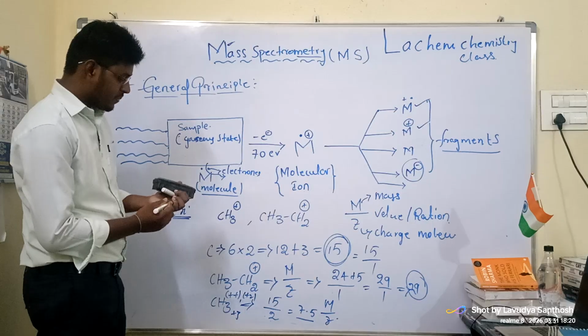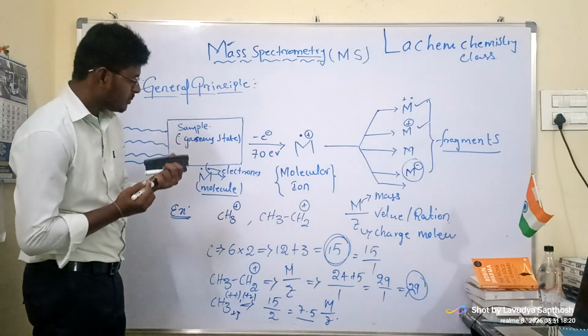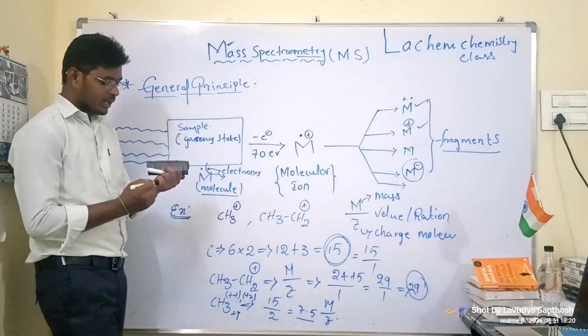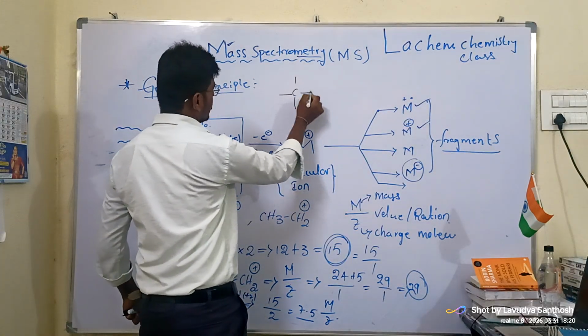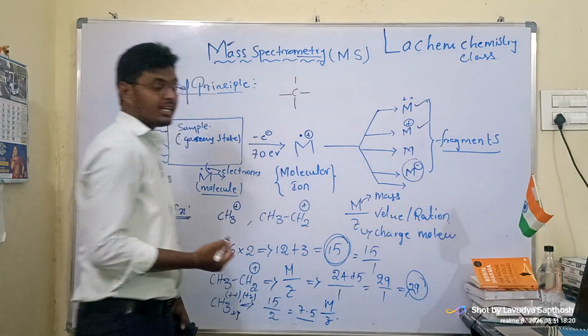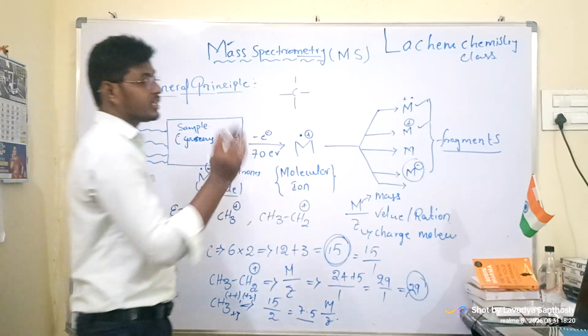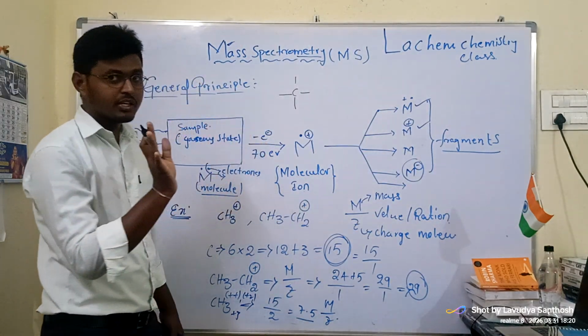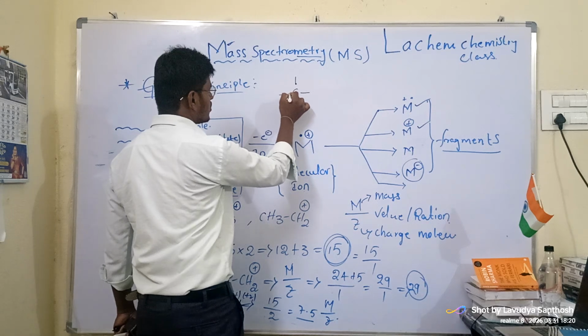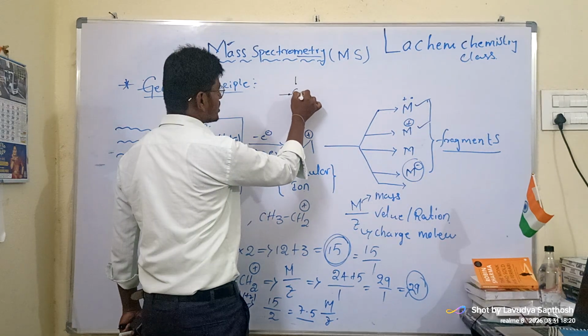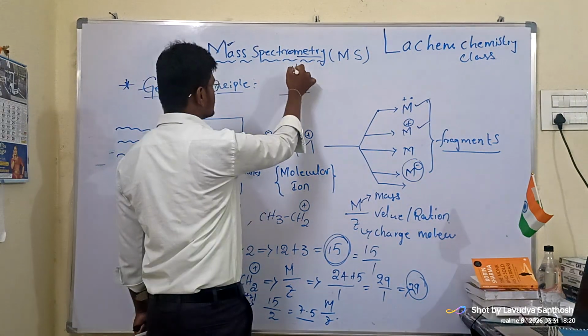Now you tell me why positive charge. Carbon has 4 outer shell electrons, and these are hydrogens.